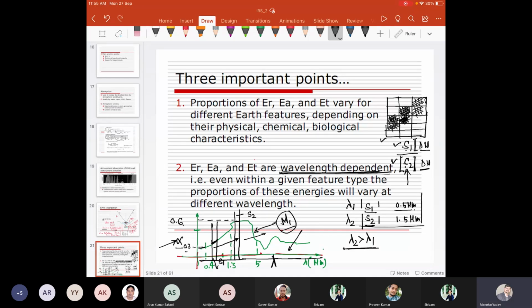So if you keep on adding bands, let's say S1, S2, S3, S4, S5, and you analyze the reflectance behavior of the material at different bands, at different wavelengths, it means you are utilizing the information that is already there with that material in terms of its reflectance.